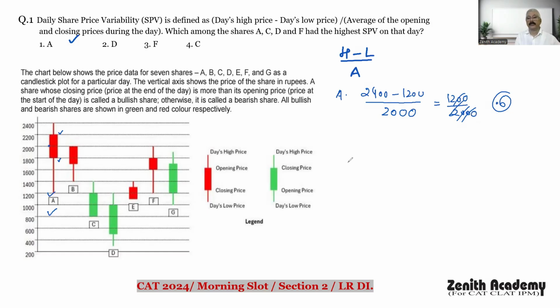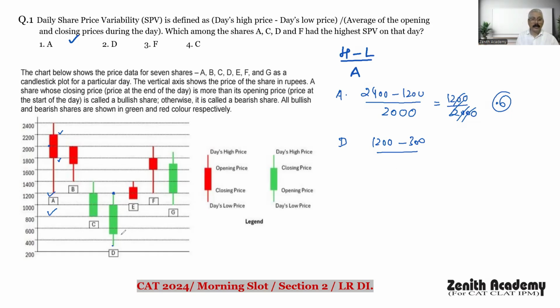Now take option D, the share D. This time high is 1200 and low is 300, divided by the average of the opening and closing.